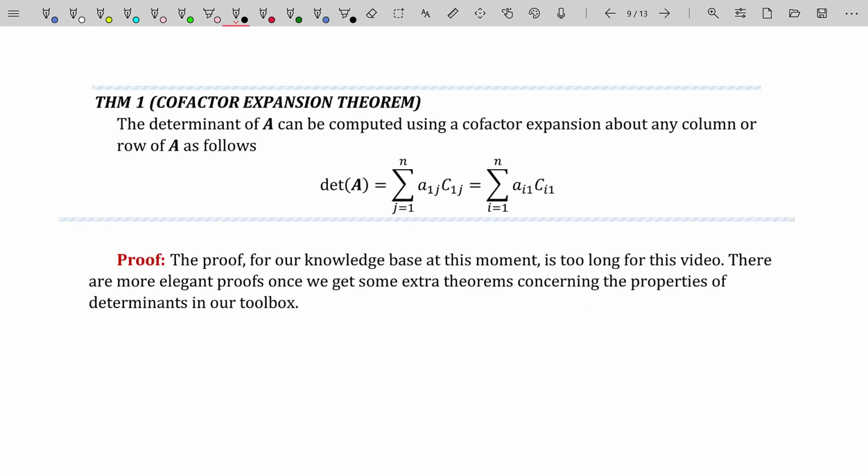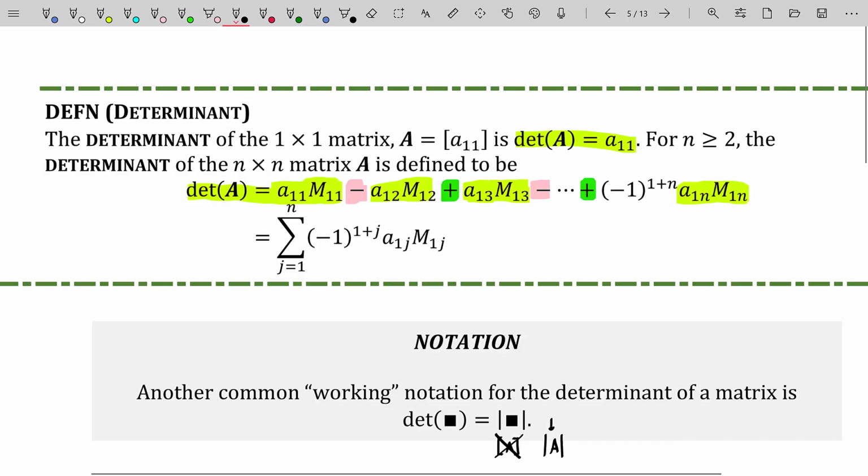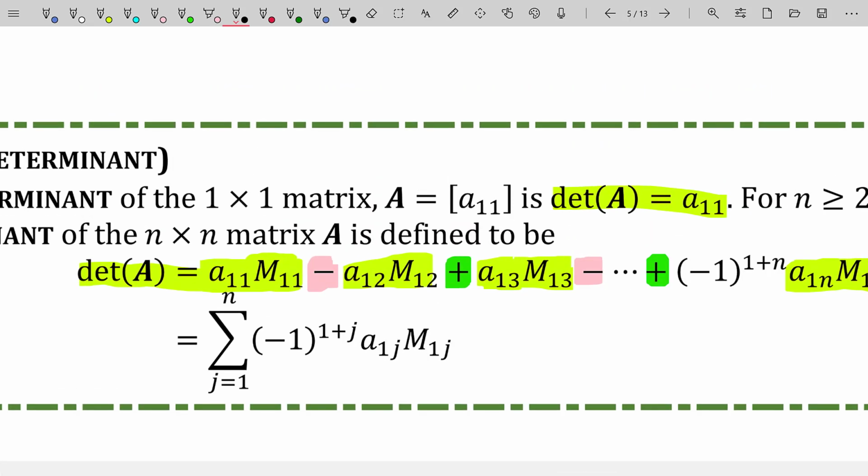And now we get to, probably with determinants, one of my favorite early theorems. It's the cofactor expansion theorem. And this is what I was alluding to earlier when I said, if you've seen determinants before, you know something other people don't. But for right now, I'm talking about expanding about the first row. Because remember, our definition of the determinant was all about the first row.